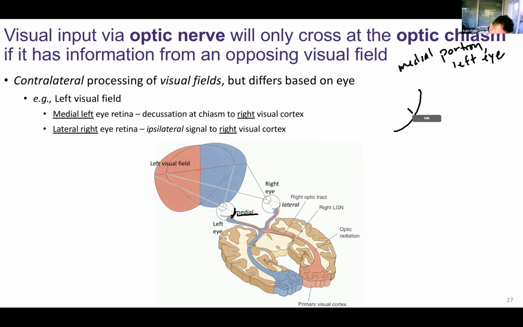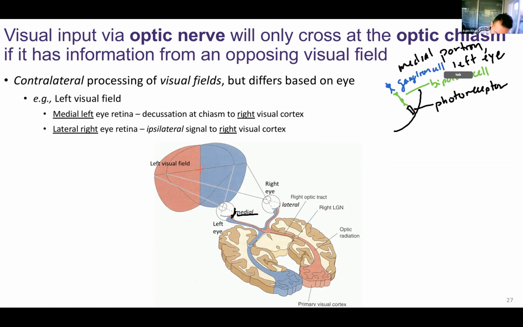we have photoreceptors. The photoreceptor then activates a bipolar cell. The bipolar cell then activates a ganglion cell.